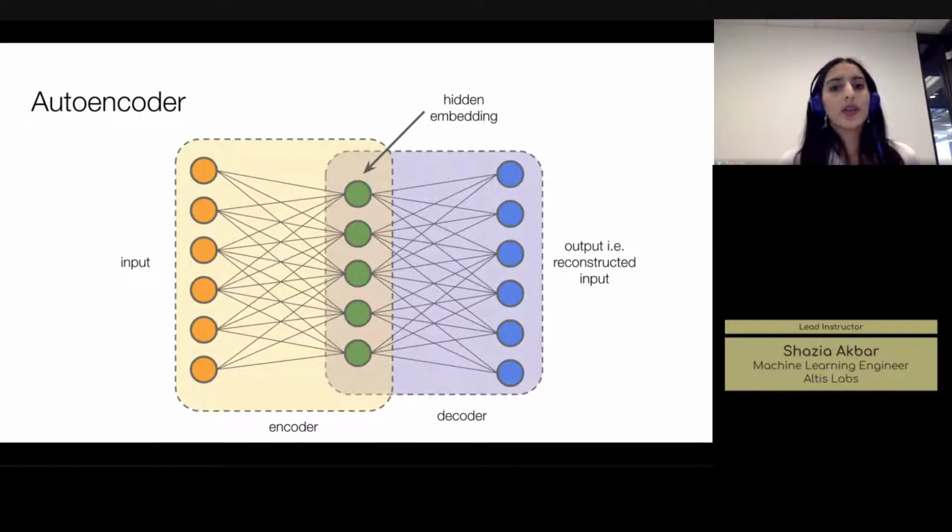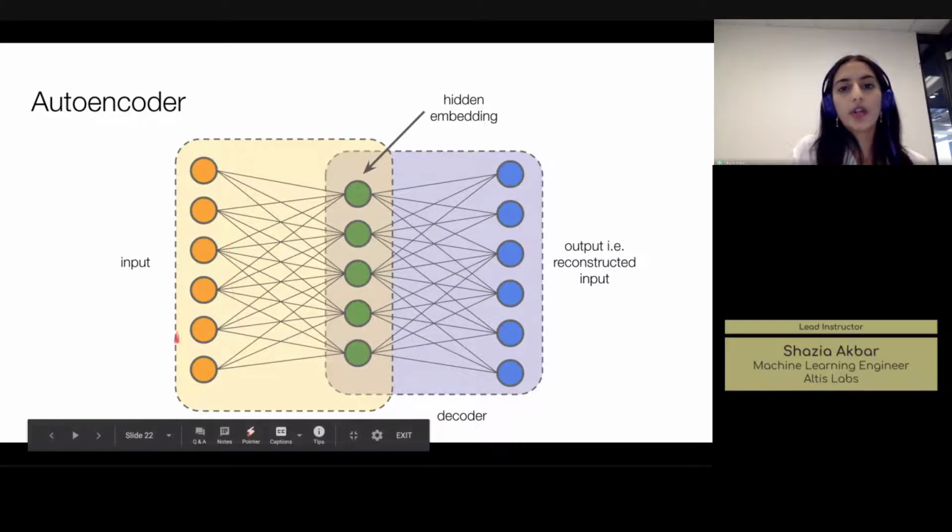So I want to start off with the most basic deep embedding framework, which is autoencoders. Autoencoders are similar to a neural network in that you have a series of layers and the output from one feeds into the next. But the purpose of the autoencoder is to take some sort of input space, which is shown in orange, and map it to some sort of encoding or latent space, which is shown in green here.